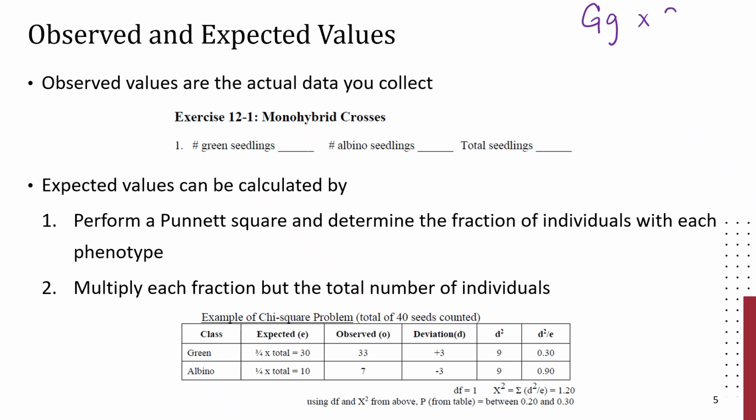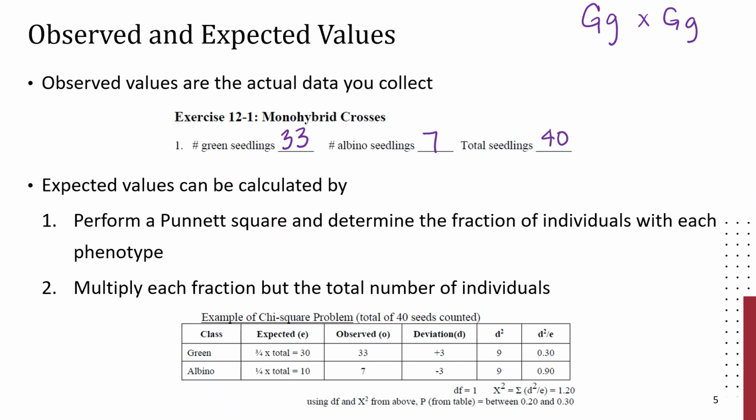So we're going to cross 2 parents who are heterozygous, and we're going to look at the outcome. The actual plants that we see is the outcome of our cross. So let's say that we observe 33 green seedlings and 7 albino seedlings. So this is a total of 40 seedlings altogether.